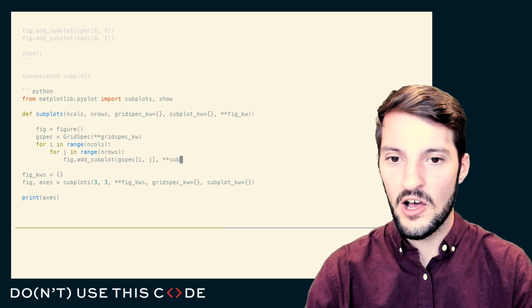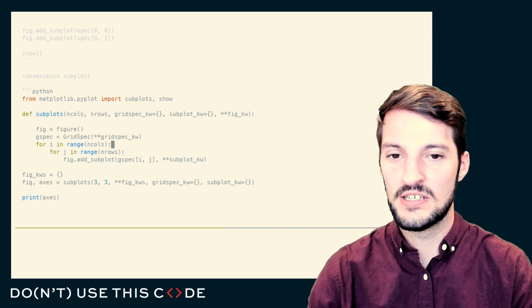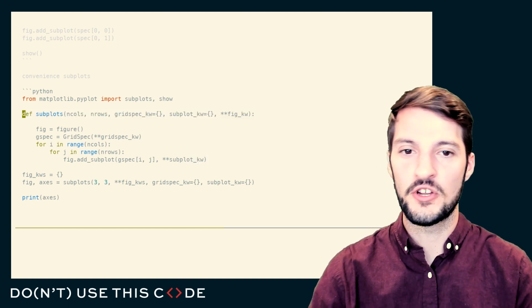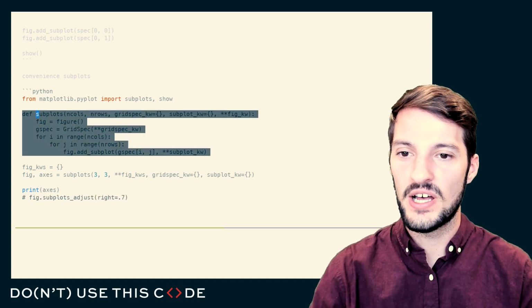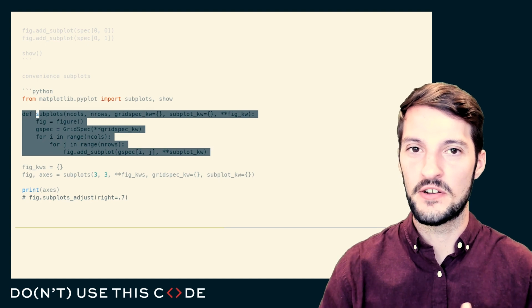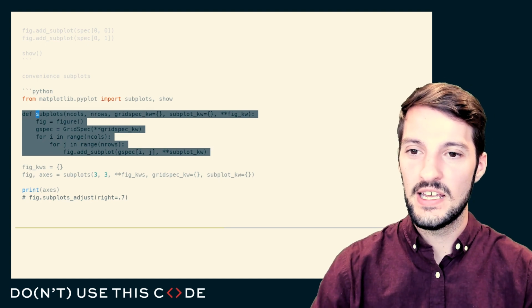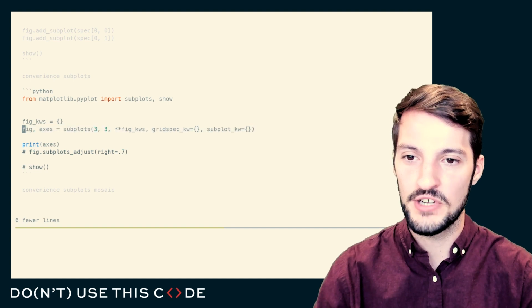And you get the idea. If you were to look at the source code for Matplotlib, it's not exactly this. There are a couple more arguments to subplot, sharex, sharey, and things like that that are passed in. But this is the main logic. This is why we call this a convenient method. And we end up returning the figure and the axes that we create.